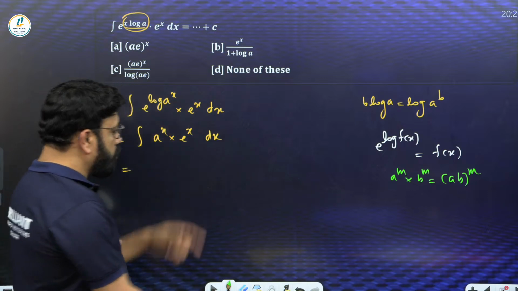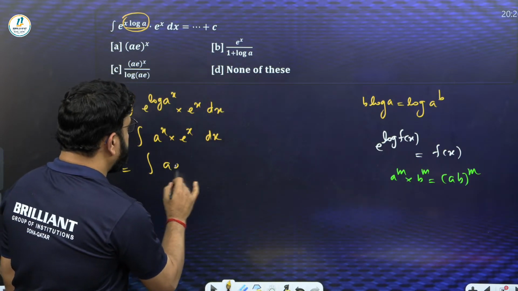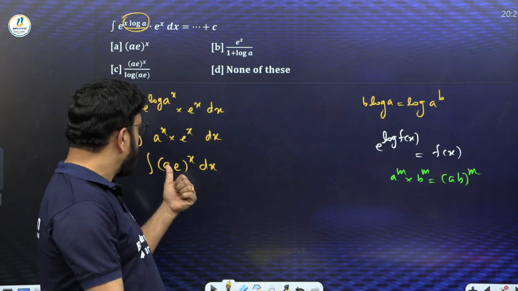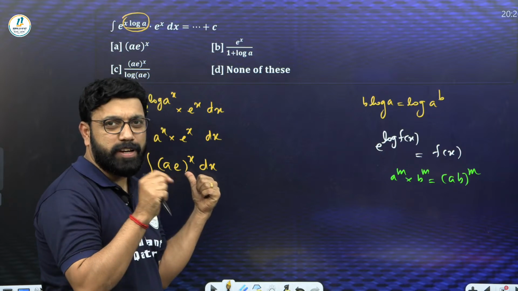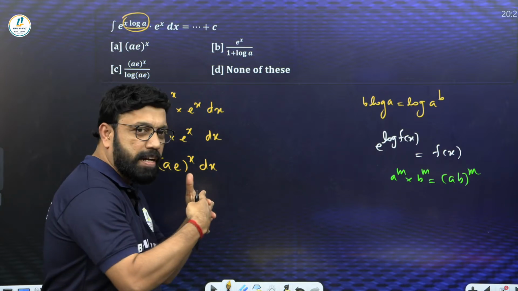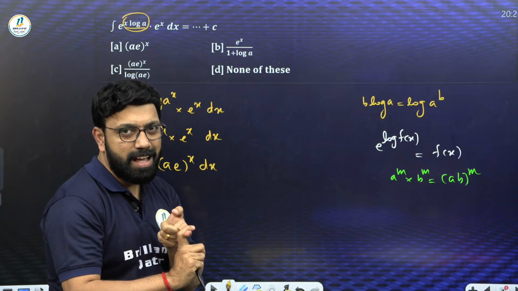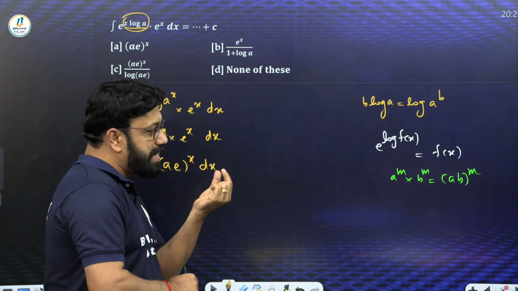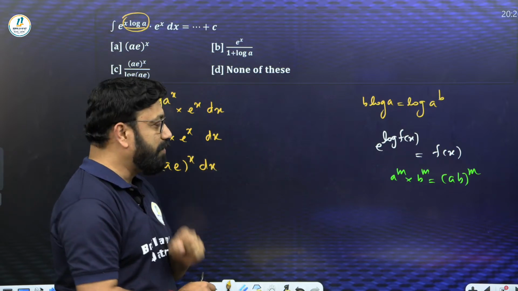Here, a raised to x into e raised to x goes to ae all raised to x dx. a is a number, e is a fixed constant, 2.71. Both multiplying, you will get another constant. So ae power x means, for example, 2 raised to x or 3 raised to x, 4 raised to x.